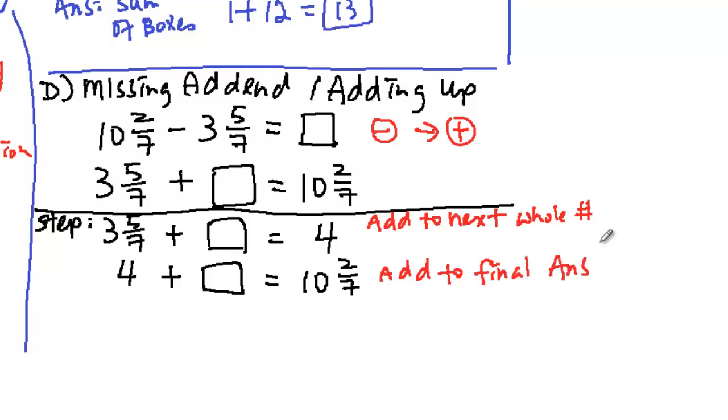Okay, so looking at this, 3 and 5/7 needs a fraction added to get to the next whole number. So 5/7 together with 2/7 will give you one whole, right? So that's going to be 2/7. And picking up from 4, 4 plus what is 10? So hopefully you know 4 plus 6. And I'm going to make my box slightly bigger.